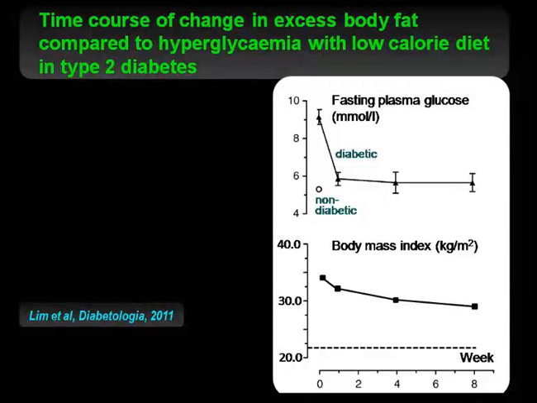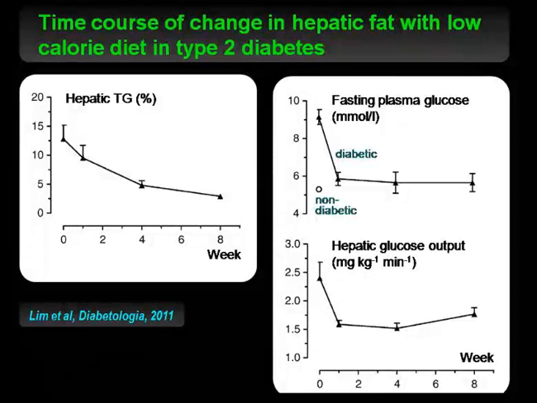And of course, you don't normalize obesity in 7 days. Body mass index, even at the end of 2 months, is still excessive. There's very small effect on obesity. So obesity is not the cause of type 2 diabetes, and nor, by the way, is liver fat. That does change more quickly. But you can see that at 1 week, you still have 10% hepatic triglyceride. Normal is, in fact, somewhere below 5%.